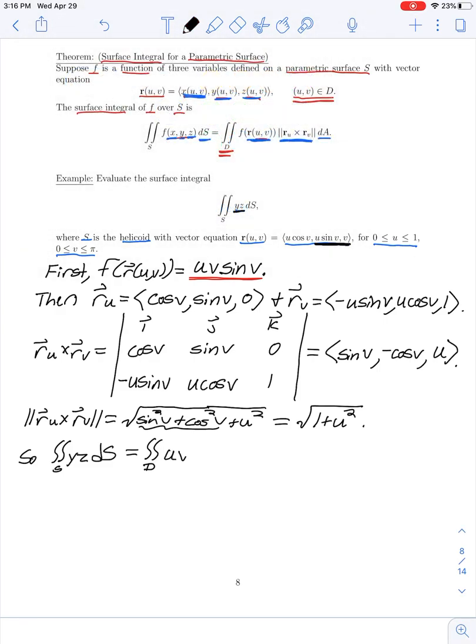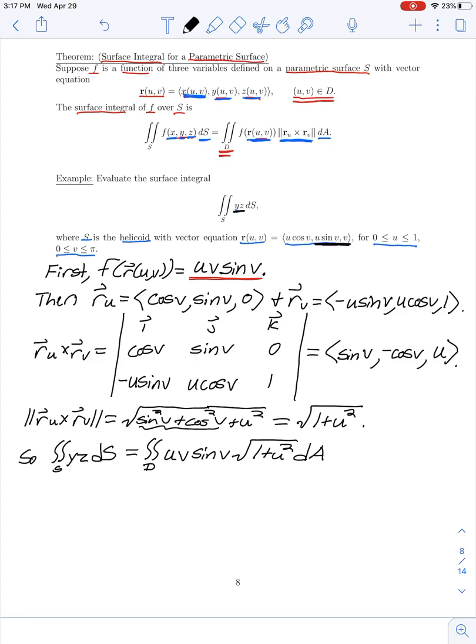So we have u v sine of v times the magnitude of the cross product of those partial derivatives. We found that to be the square root of 1 plus u squared. We're integrating with respect to area.